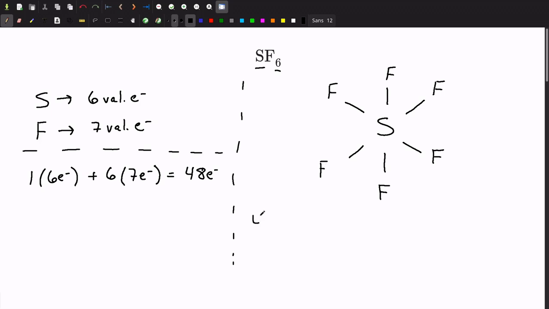We had 48 electrons. We just made 6 bonds. Each of those required 2 electrons. 48 minus 12 leaves us with 36 electrons, just enough electrons to fill out all of our octets on fluorine.